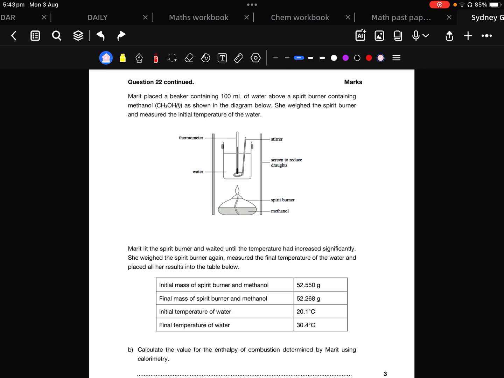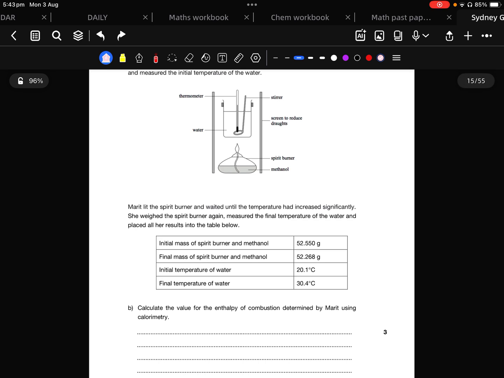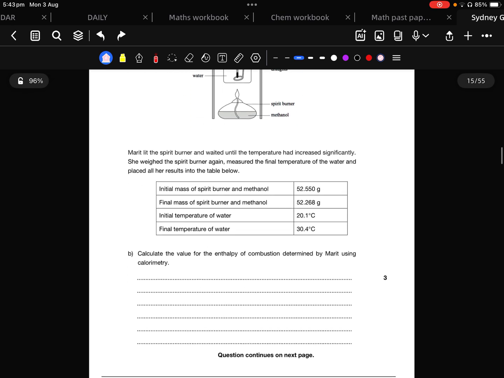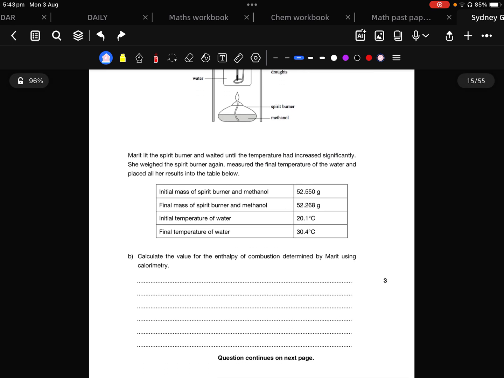She weighed the spirit burner and measured the initial temperature of water, lit the spirit burner and waited until the temperature had increased. Weighed the spirit burner again, measured the final temperature of water, and placed her results. So we got to calculate the enthalpy of combustion using her results of calorimetry.